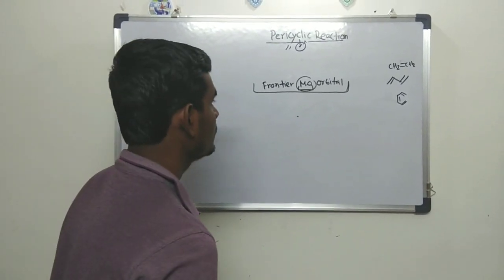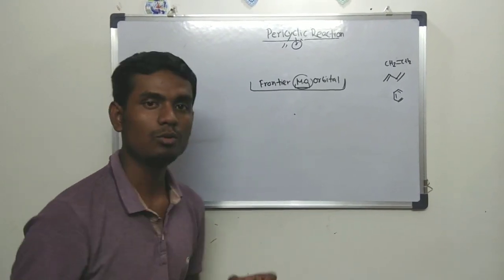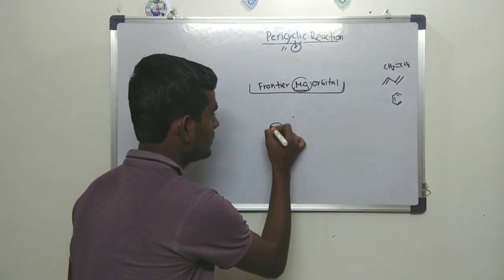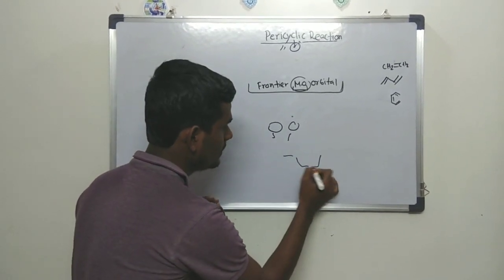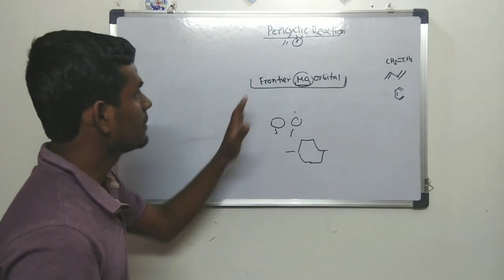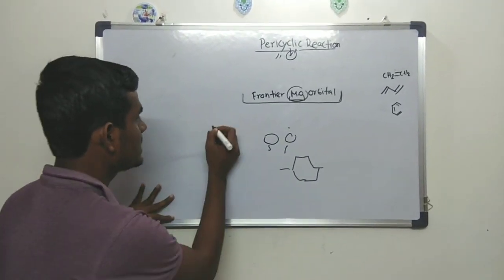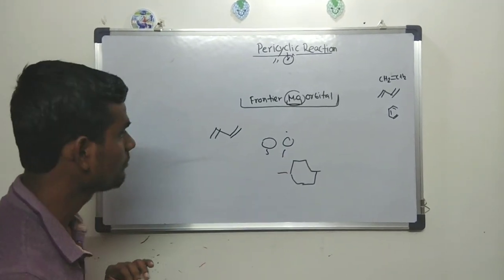The basis of molecular orbital theory is that when I have two orbitals, let's say s and s, they will form a bonding molecular orbital as well as an anti-bonding molecular orbital. The pericyclic reaction basically involves the pi molecular orbital system, not the sigma molecular orbital system.